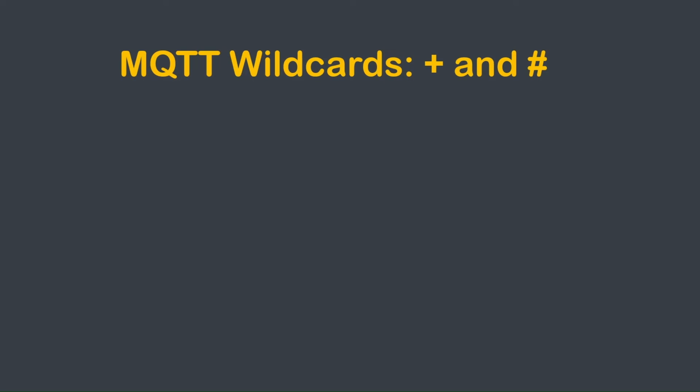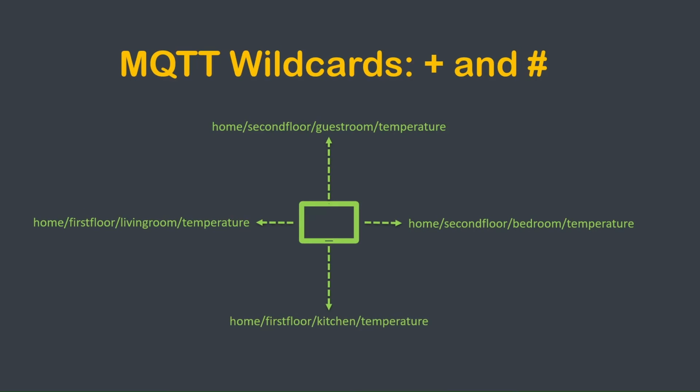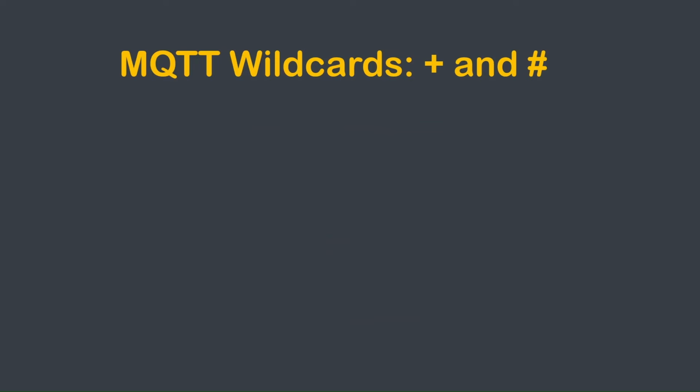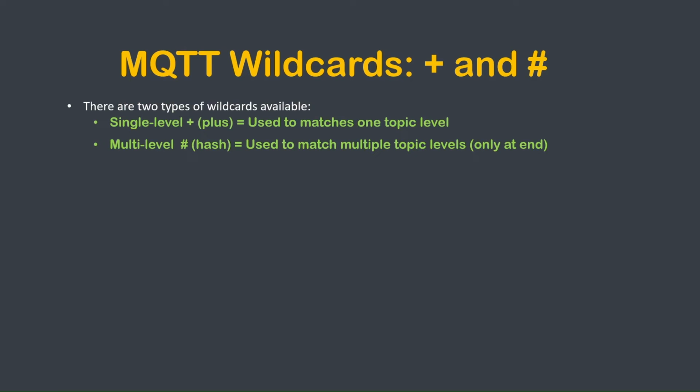Let's take a look at the MQTT wildcards. In MQTT, wildcards provide a powerful mechanism for subscribing to multiple topics simultaneously. Clients can utilize wildcards to subscribe to multiple topics having similar hierarchy levels. In MQTT, there are two types of wildcards provided. One is a single-level wildcard and the second is the multi-level wildcard.